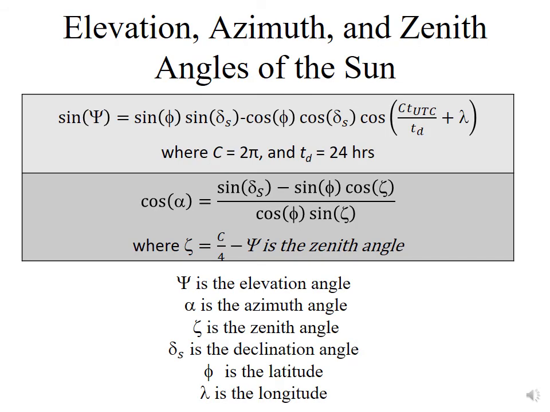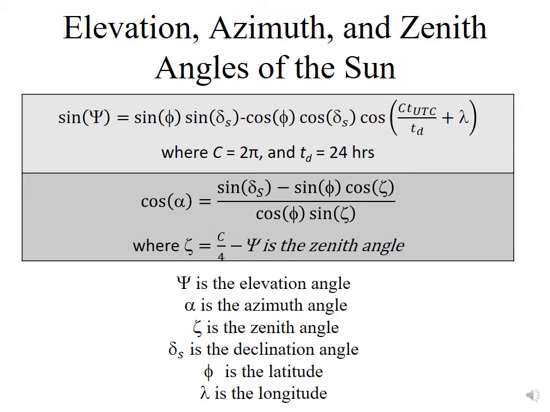We can also define the elevation, azimuth, and zenith angles for the sun. Phi here is the elevation angle, and so the sine of phi is equal to the sine of the latitude times the sine of the solar declination angle minus the cosine of the latitude times the cosine of the declination angle times the cosine of a function, which basically figures out what time of day you are at.